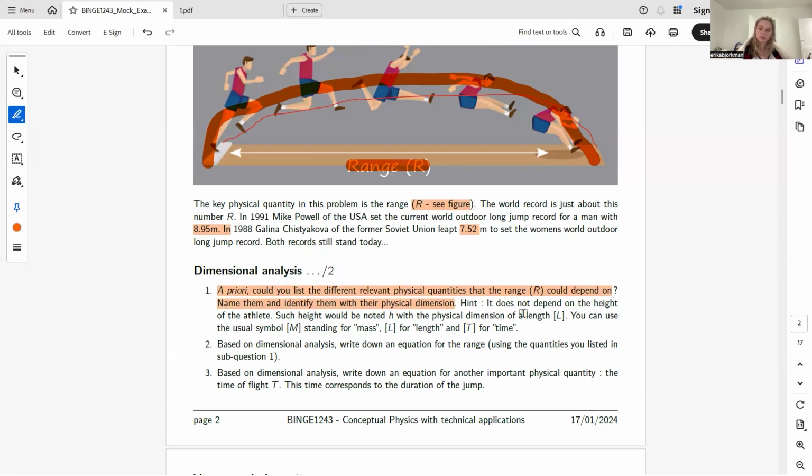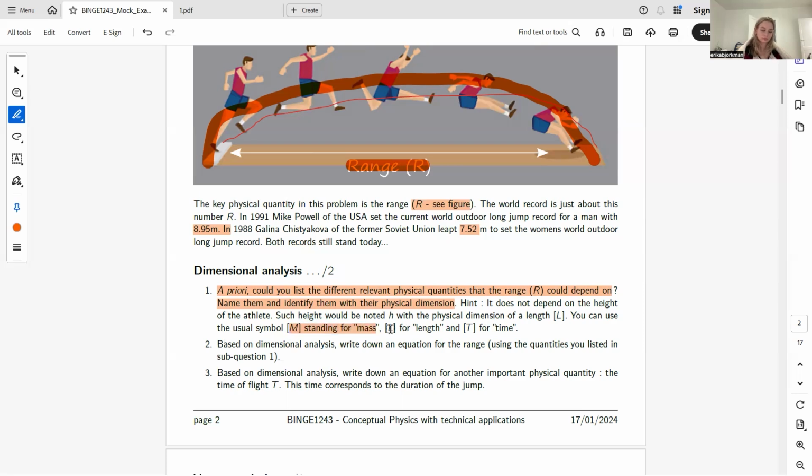And a hint is given to us: it does not depend on the height of the athlete. Such height would be noted with the physical dimension of length L. You can use the usual symbol M standing for mass.